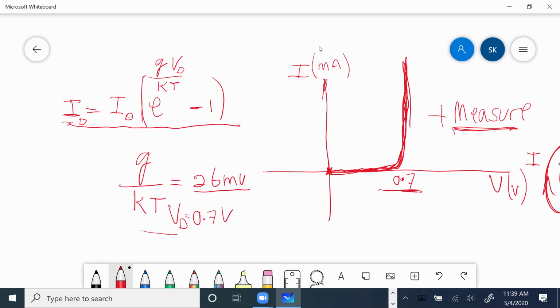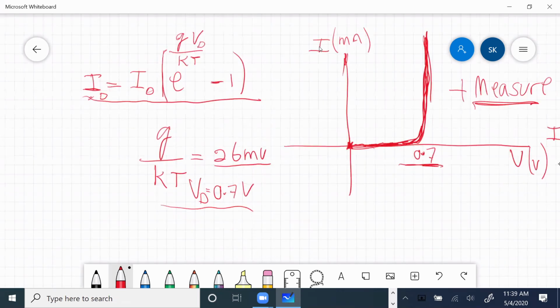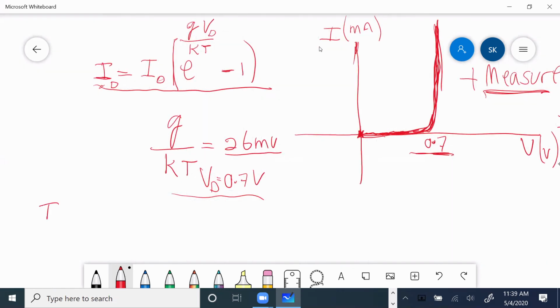Let's substitute these values here. So ID would be I0, which is a nominal value we're not really concerned about right now, just a constant for now, times the exponential of 0.7 over 0.026, minus 1.